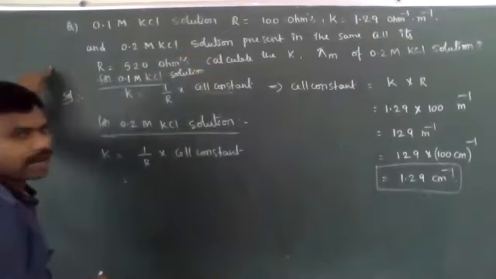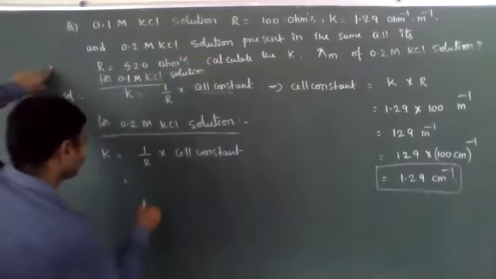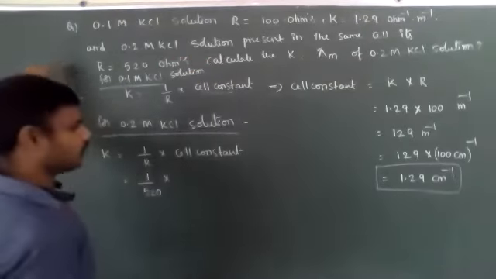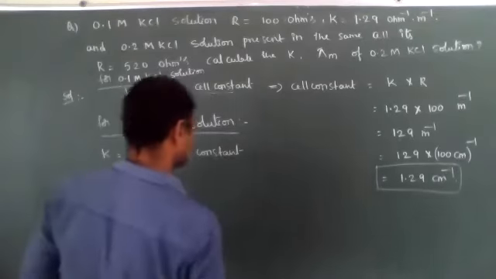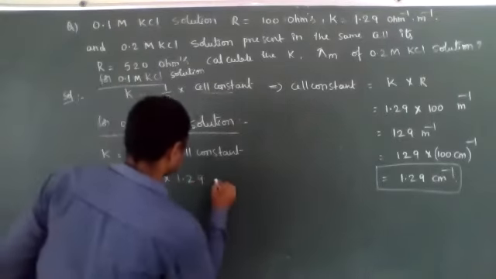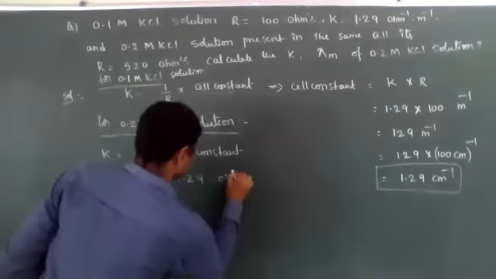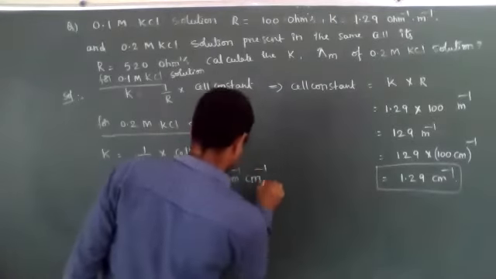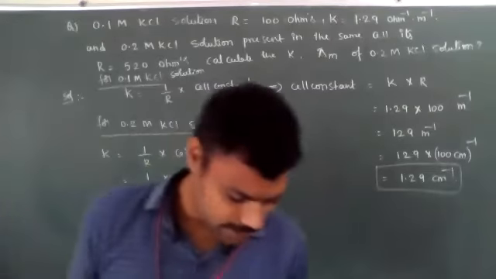R value is equal to 520 ohms. Means 1 by 520 into cell constant value. Cell constant value, how much now? 1.29. The units are ohm inverse centimeter inverse.